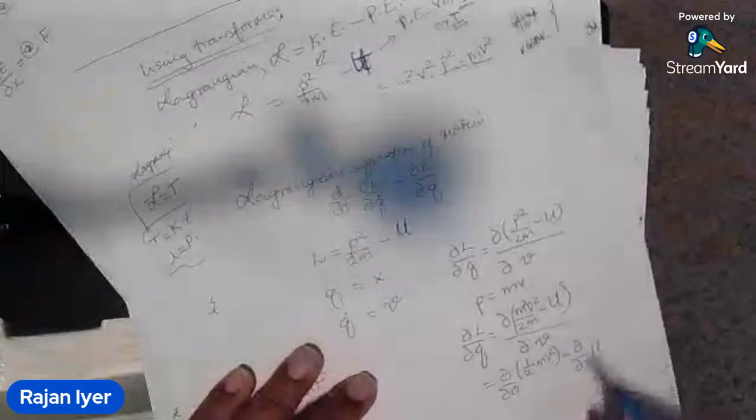What happens here is that I can take half m out, because it's a classical mass. So m, in this case, is classical mass.